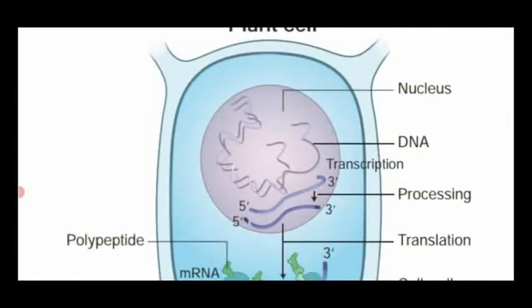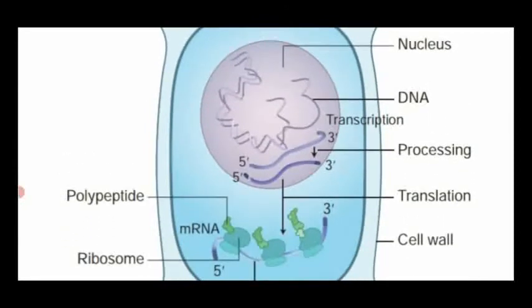The nucleus contains chromatin reticulum, that is chromosome, having the genetic material DNA. The DNA is a double-stranded helix, 5' strand and 3' strand. So one process of protein synthesis, that is transcription, takes place in the double-stranded DNA helix.